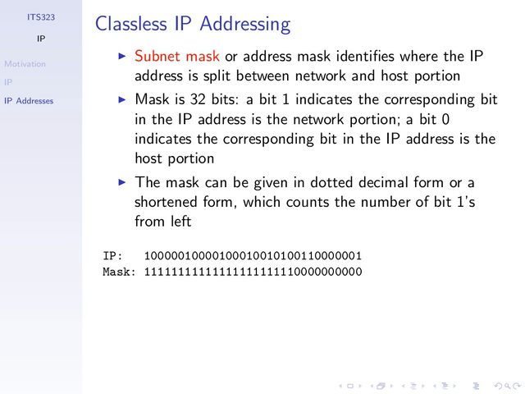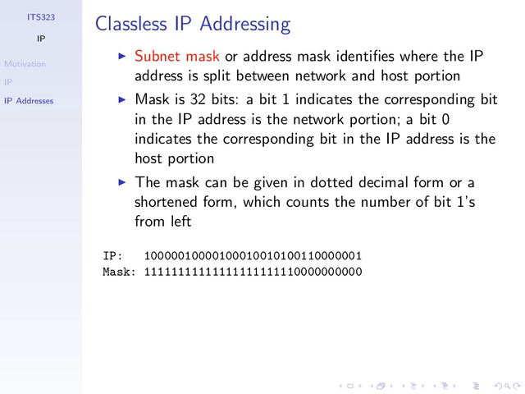Similar concept can be applied for the number of networks, because we have a certain number of bits allocated for the network portion. Every network in the internet must have a unique network portion. A, B, and C must have different network portions. Therefore, depending upon the number of bits we have to allocate there, it limits the number of networks in the internet.